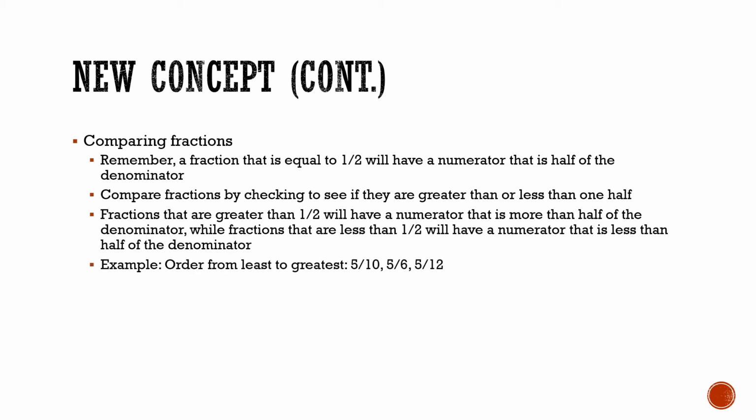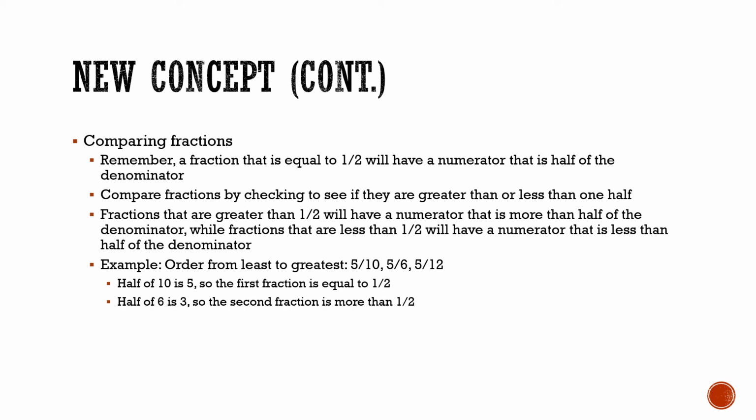So for example, if we were ordering these fractions from least to greatest, 5/10, 5/6, and 5/12, we want to look at each fraction individually. Half of 10 is 5, so we know the first fraction is equal to 1/2. 5/10 is 1/2. Half of 6 is 3, so the second fraction is more than 1/2.